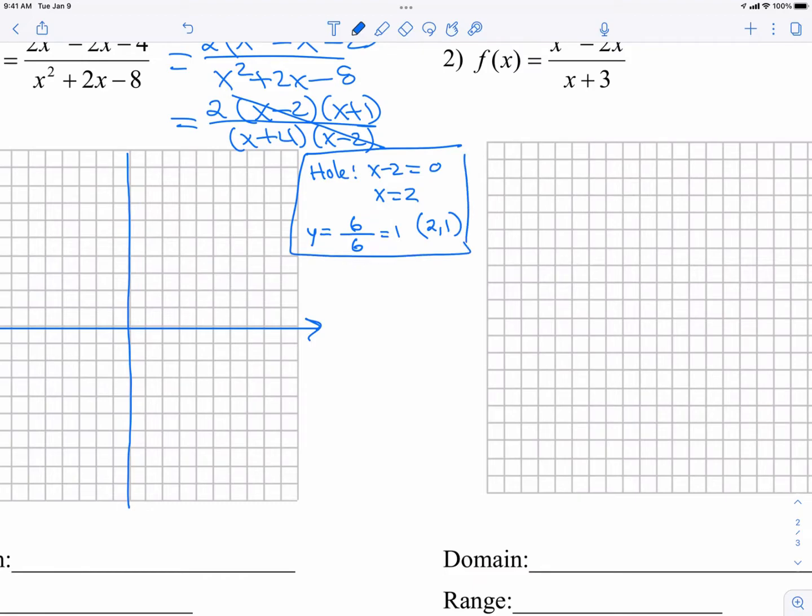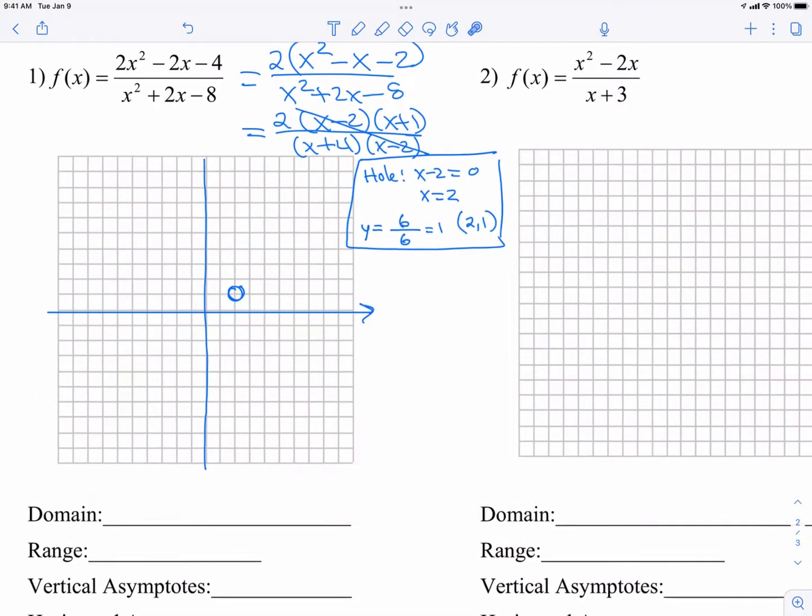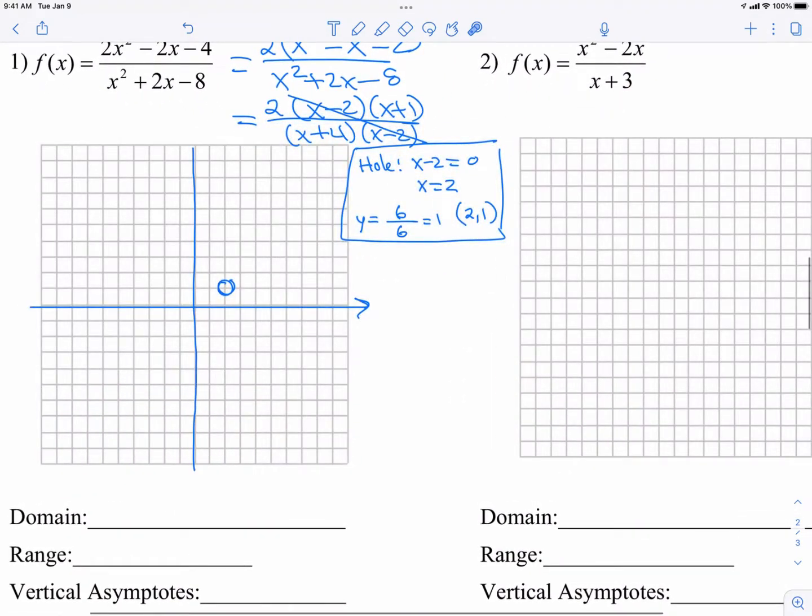Let's go ahead and put that on the graph. So over 2 and up 1 is our hole right here. All right, now let's find the x-intercept. To find the x-intercept, you can set the numerator equal to 0. The numerator is x plus 1 times the 2, but you can really just ignore the 2.